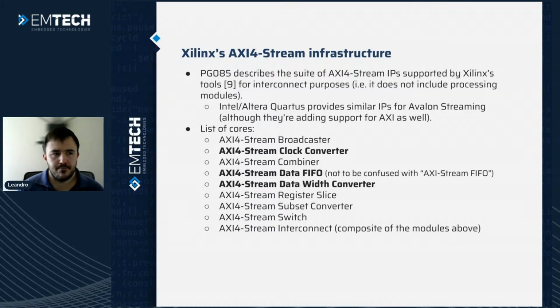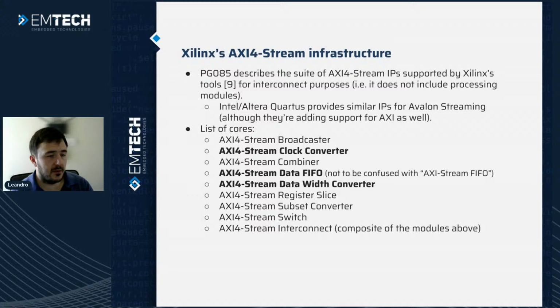And the list of cores described in this infrastructure suite of IPs is the following. There's a basic set of 8 cores, and then the interconnect is actually composed dynamically of the ones before.